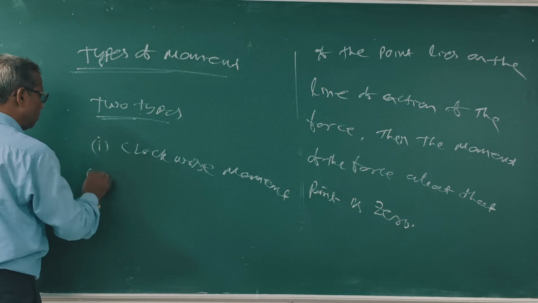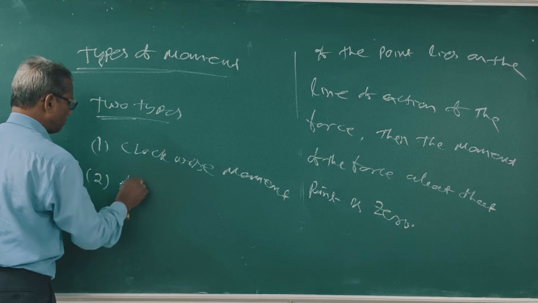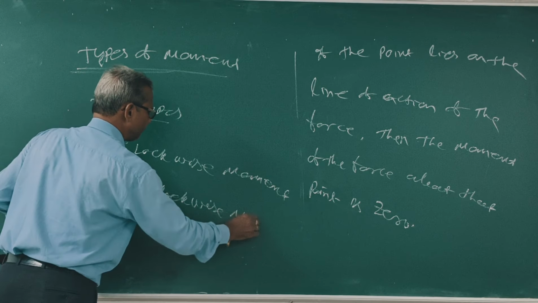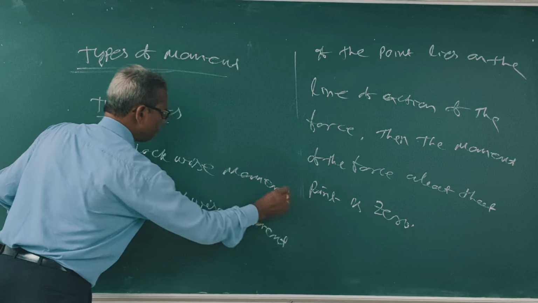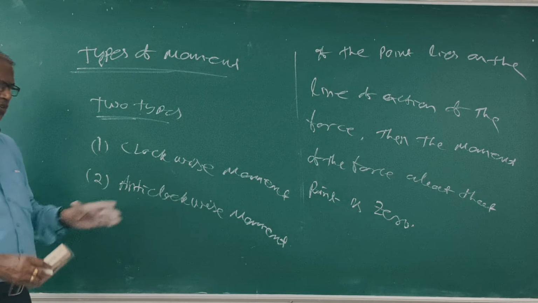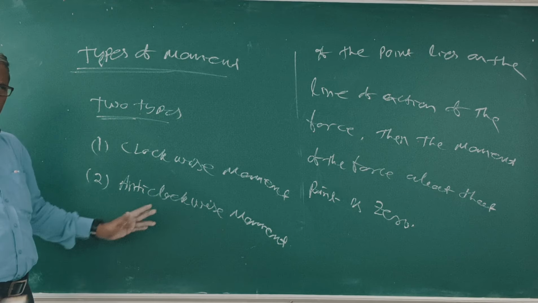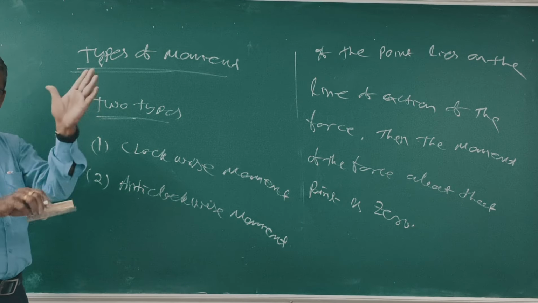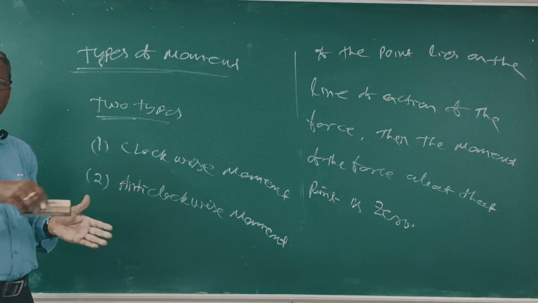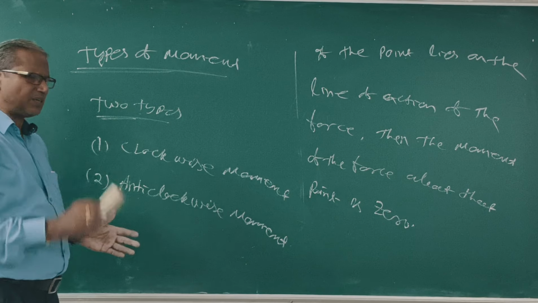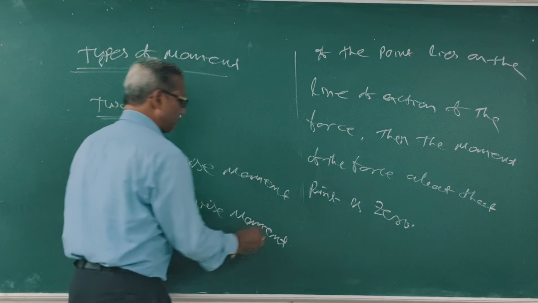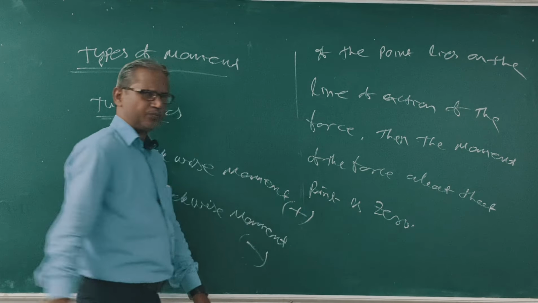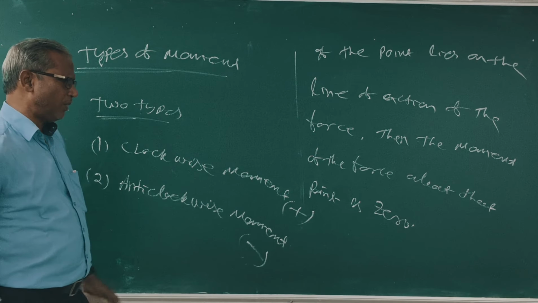Number 2, anti-clockwise moment. Clear? Clockwise moment, anti-clockwise moment. If the clockwise moment is calculated, the moment is taken along the clockwise direction. Anti-clockwise means the moment is taken about the anti-clockwise direction. Generally, the clockwise moment is positive, the anti-clockwise moment is negative. Clear?